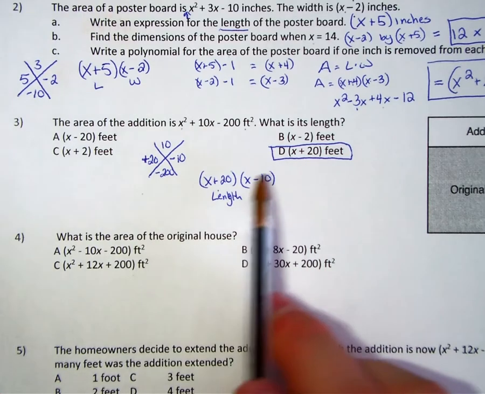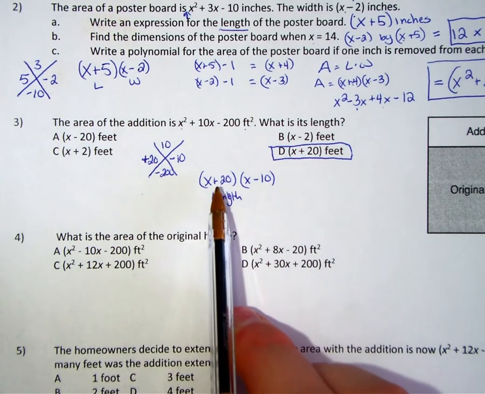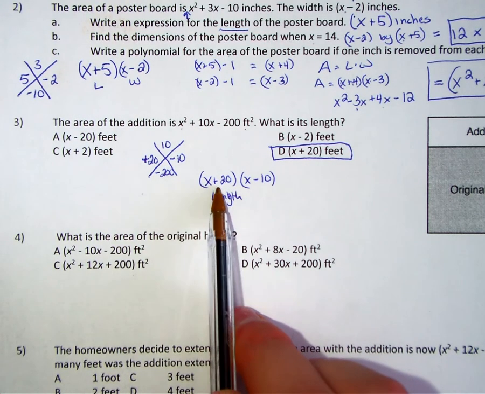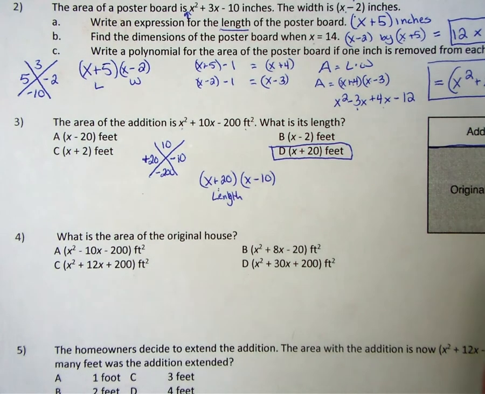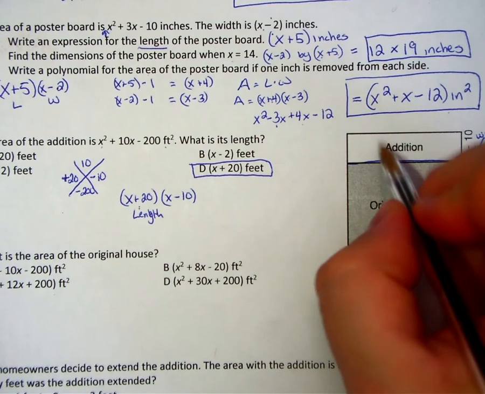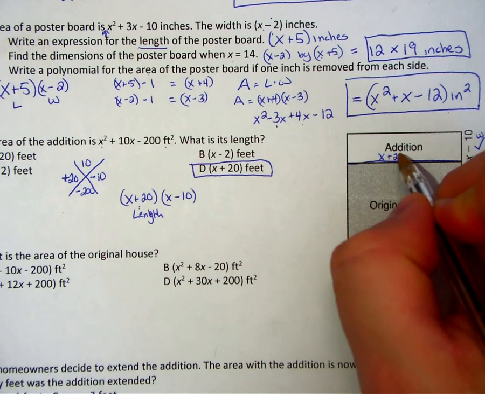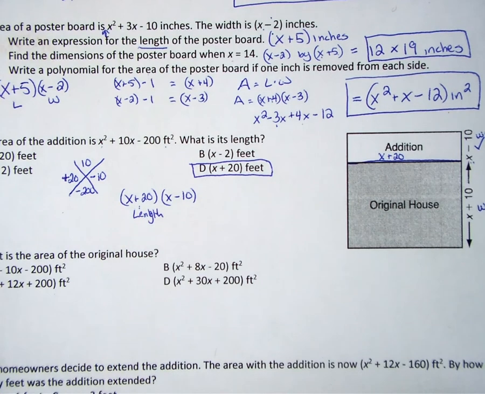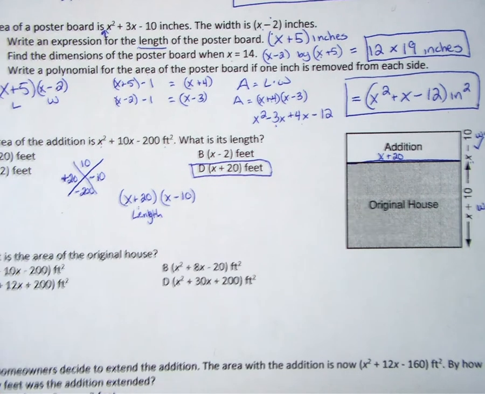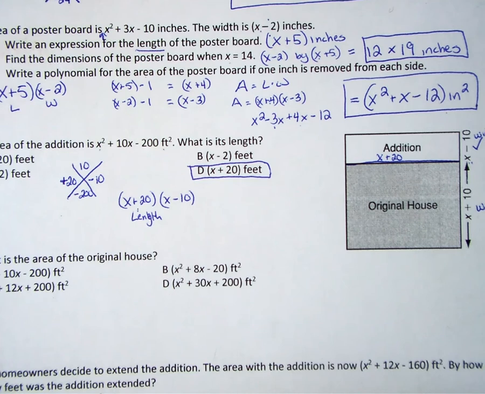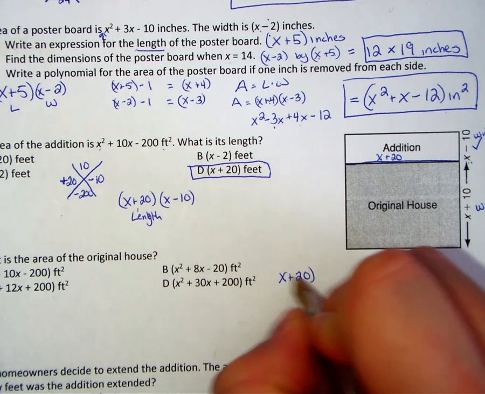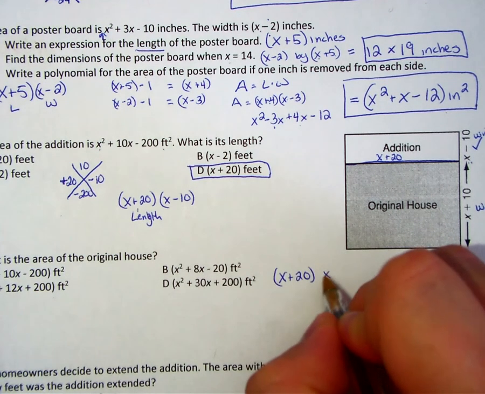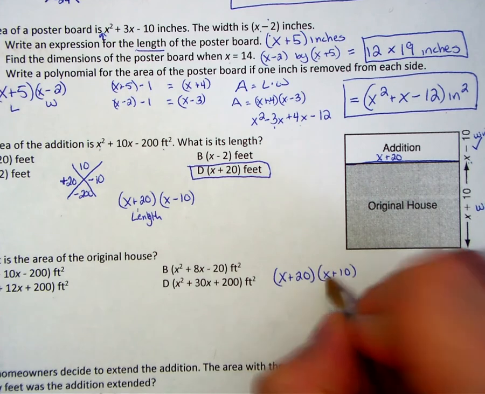But in the previous question, we determined that the length of the addition was x plus 20. So if the length plus the addition is x plus 20, then the length of the original house is also x plus 20. So we have an x plus 20 length. We have an x plus 10 width.